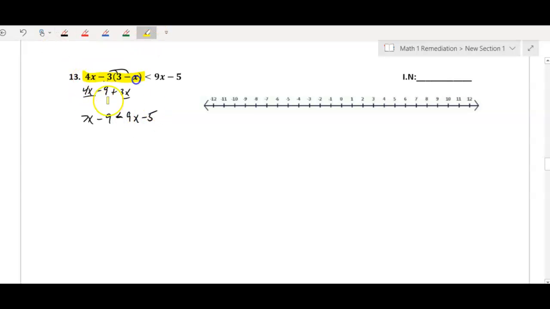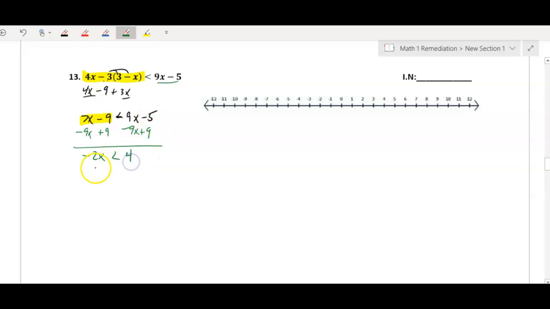So this side simplified to this, and then I brought this side down. So now, subtract the 9x, align like terms, add the 9, negative 2x is less than negative 5 plus 9 is 4.